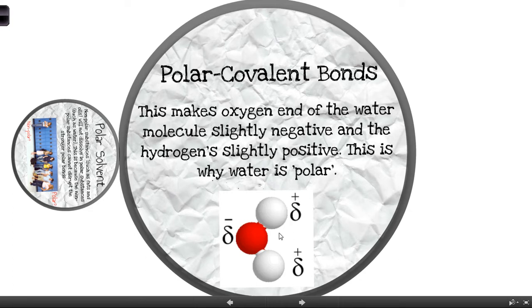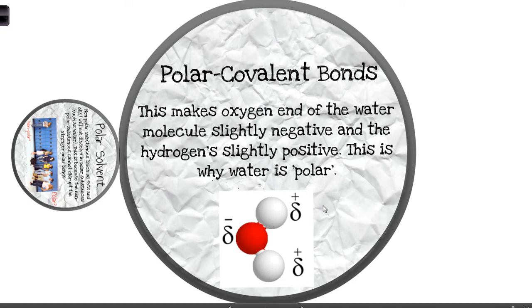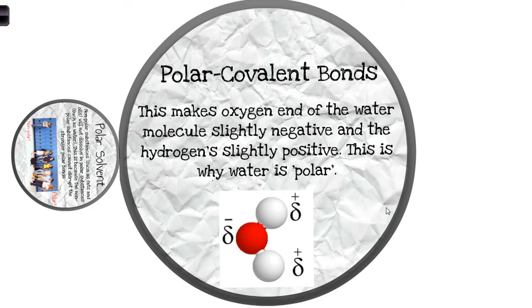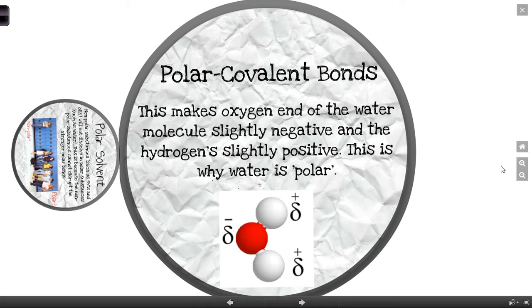So we have a slightly positive and a slightly negative end, and that's what this symbol is supposed to represent. It's not quite the same as when we look at ions or ionic bonding, the pluses and minuses. These atoms haven't gained or lost electrons, they're sharing them, but not quite equally. Oxygen's getting the lion's share, so it's slightly negative, and the hydrogens are pulled further away from the electrons, so we get a slightly positive end on this side.